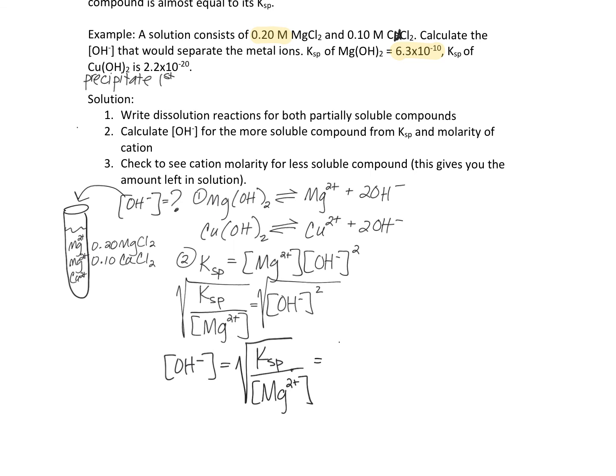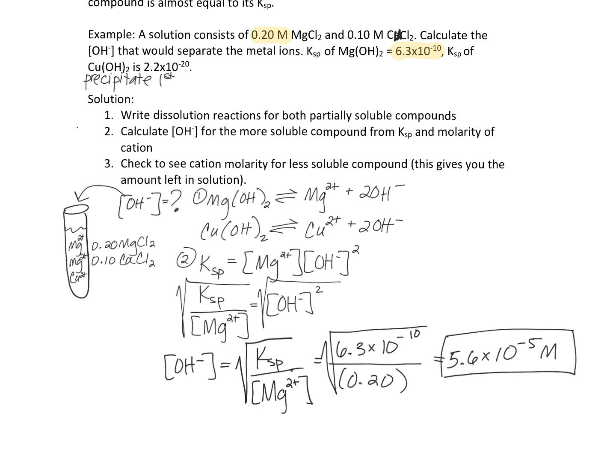So I'm going to put 6.3 times 10 to the negative 10 divided by 0.20, square root it. This should give you 5.6 times 10 to the negative 5 molar. So that's the molarity of hydroxide that is needed to precipitate one of the ions and not the other.